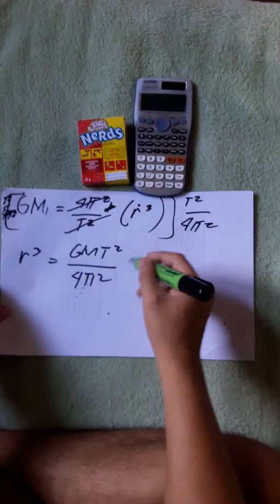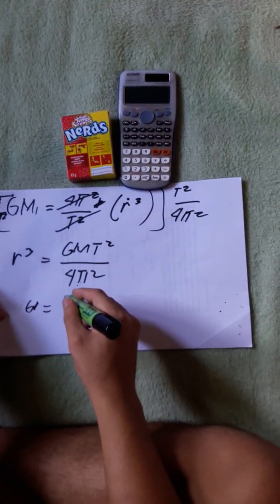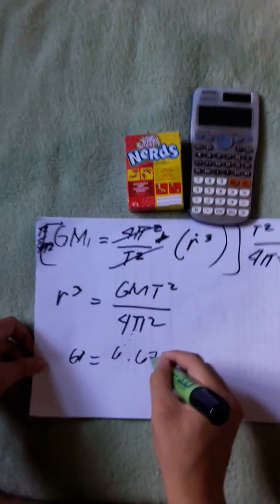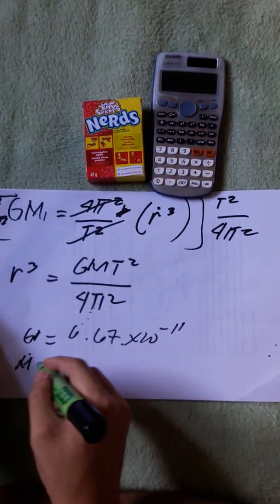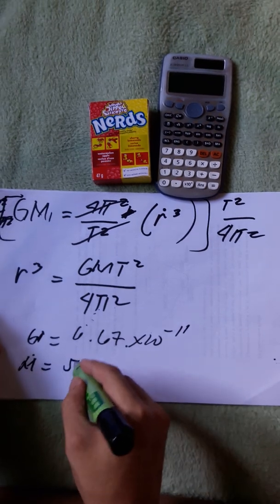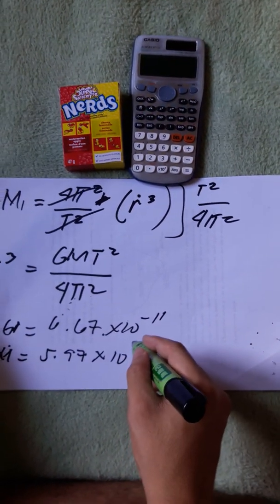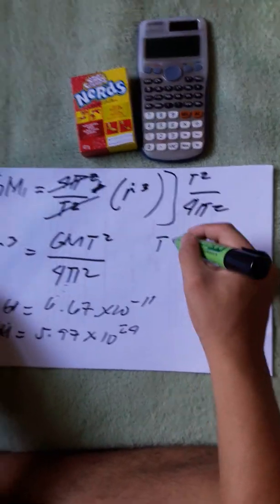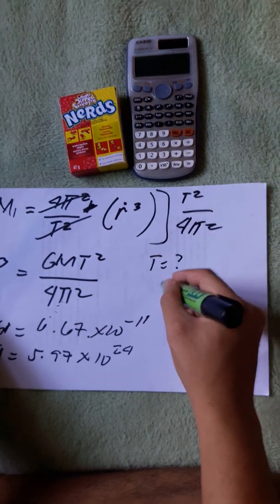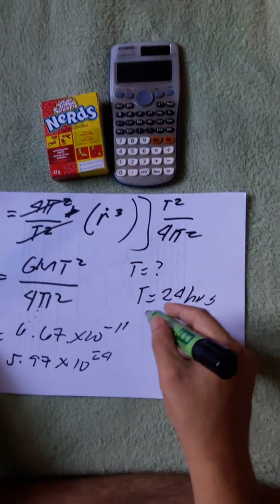So G is just equal to 6.67 times 10 to the negative 11, while mass of the Earth is just equal to 5.97 times 10 to the 24. So what is T? T is just equal to 24 hours. So we convert that to seconds.